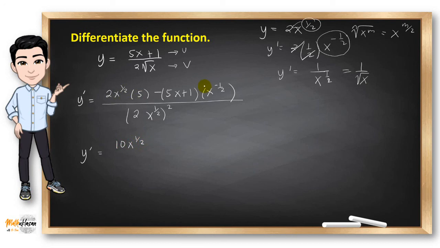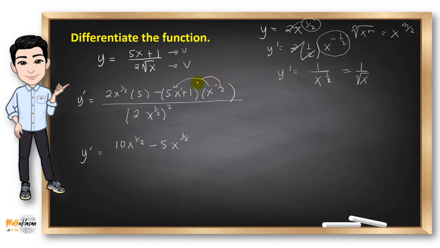Then, ito, pag minultiply ko dito, negative, positive, so minus yan 5. And then, yung x, copy ko lang. At, di ba, pag nagmumultiply tayo ng same base, ina-add lang natin ang exponent. So, this is x raised to 1 and this is x raised to negative 1 half. So, 1 half plus negative 1 half ay 1 half pa din.